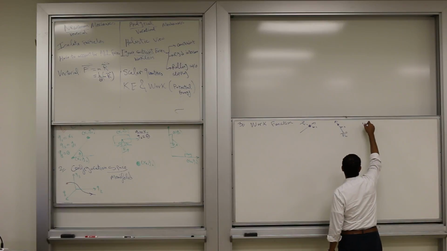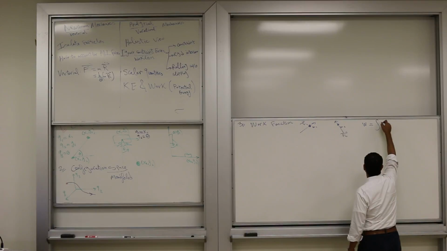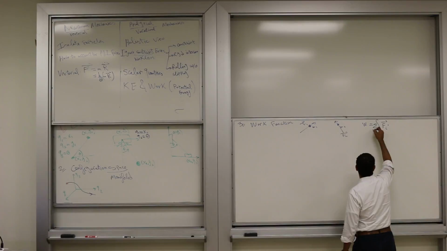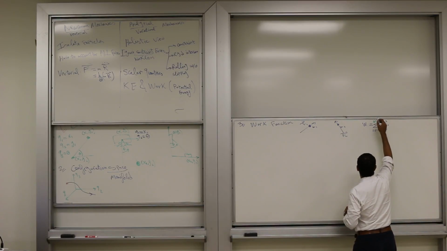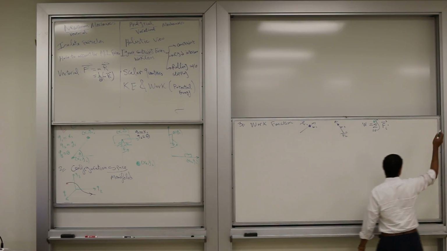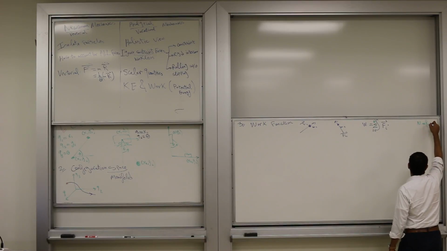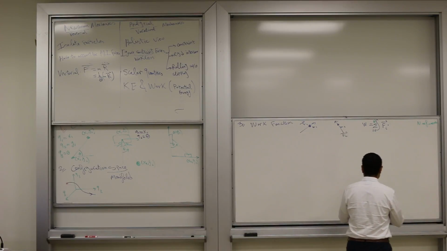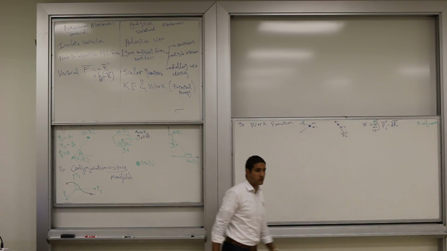So the work function is the integral, each force dotted, maybe you have summation here, i from 1 up to n. This large n is the number of masses. So in all our notation, n is the number of masses, the number of bodies, particles and rigid bodies, dotted with the displacement of each one, right? This is the work function.